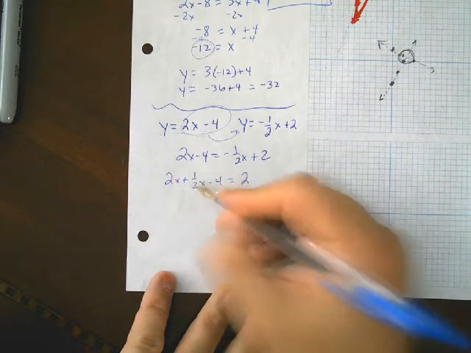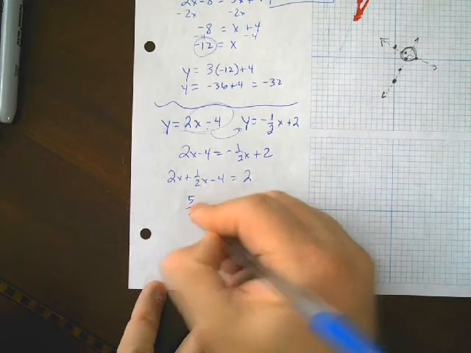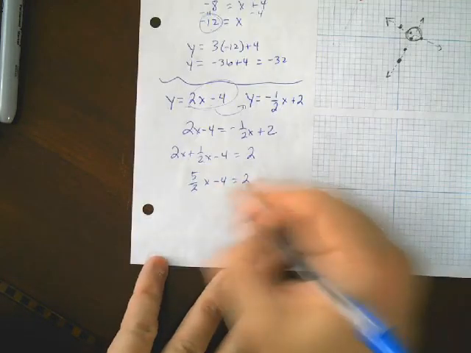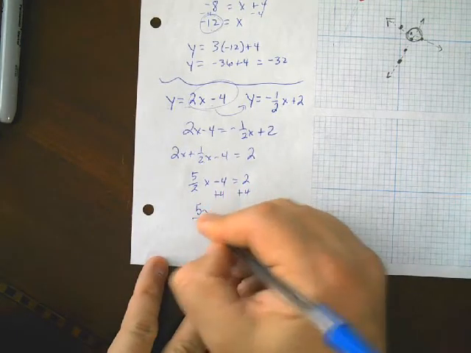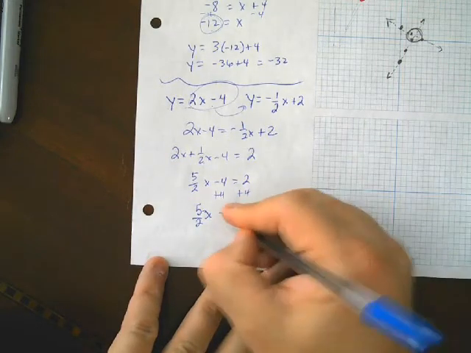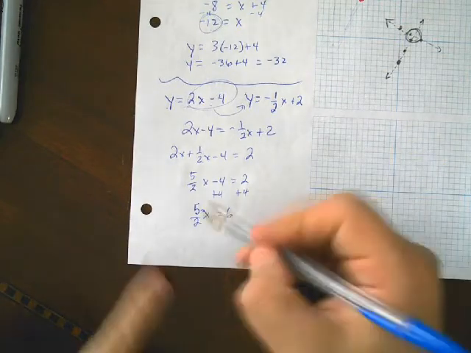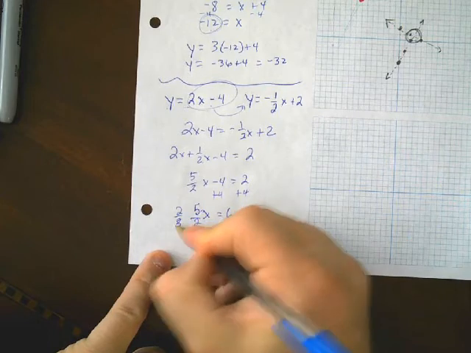What's 2 plus 1/2? Just 2 1/2, 5 halves. Minus 4 is equal to 2. Now I'm going to add 4 to both sides. And so I have 5 halves x is equal to 6. To undo what they're doing, they're multiplying by 5 halves, so I'm going to multiply by 2/5.